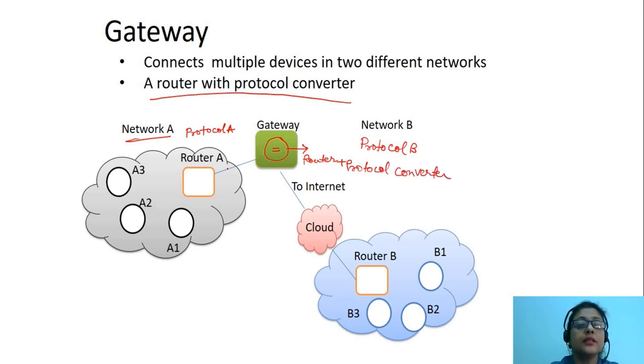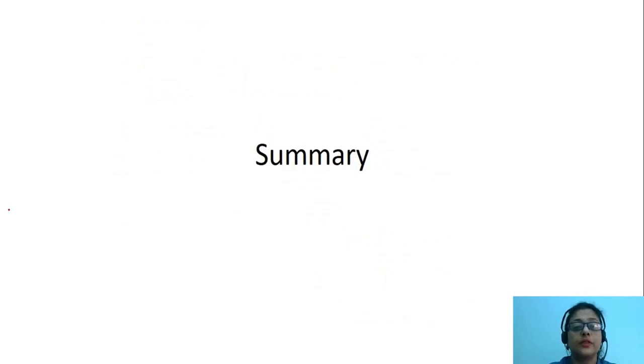Now this gateway is connected to this router, and this router then forwards the data packets to the connected nodes. Similarly, from the internet through the cloud, it gets connected to network B, and network B has a router B to which all the other devices like B1, B2, B3 are connected. So a gateway is a router with a protocol converter which is connected between two networks working with two different protocols. So here we come to the end of this lesson.